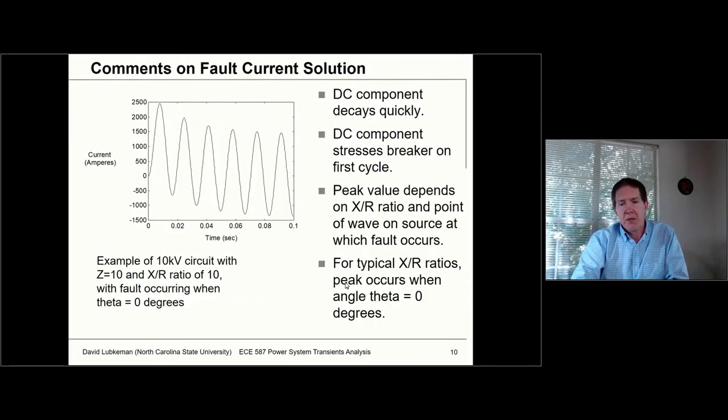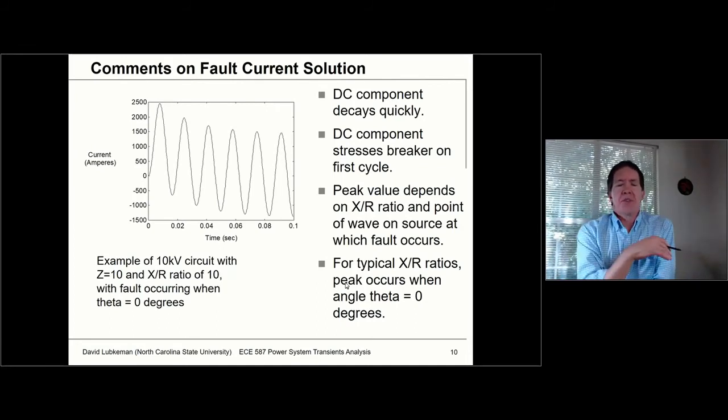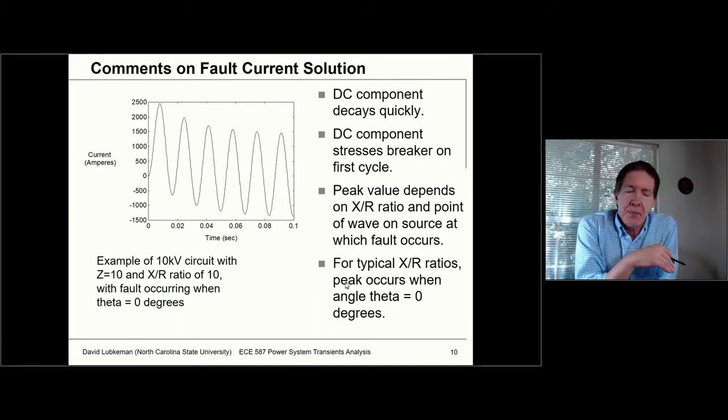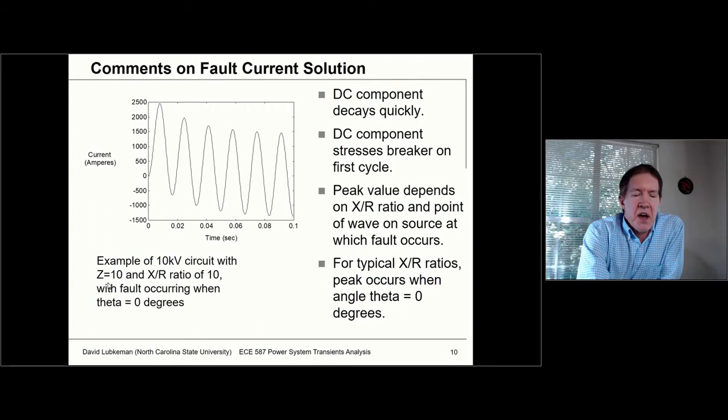All right, so here's a plot of what this looks like for a 10 kV circuit. If I have a value of Z equal to 10, which corresponds to an X to R ratio of 10 as well, and the fault occurs when theta is equal to 0 degrees, you see a high initial value for this current.